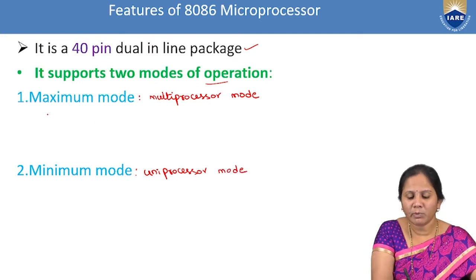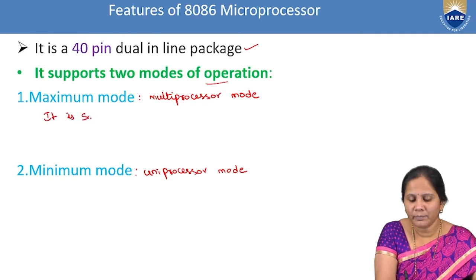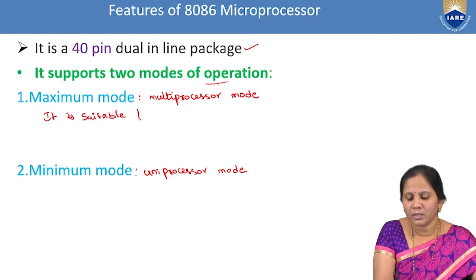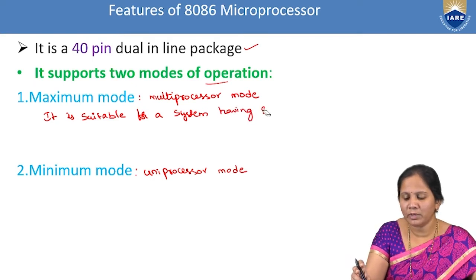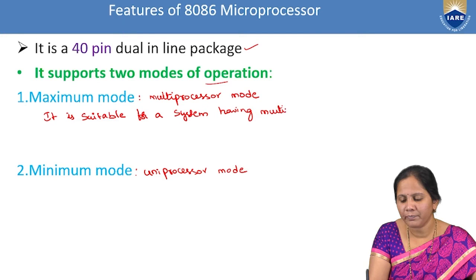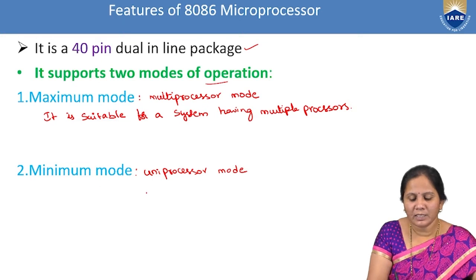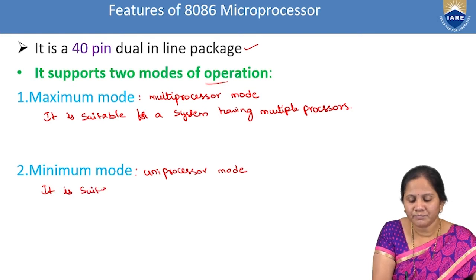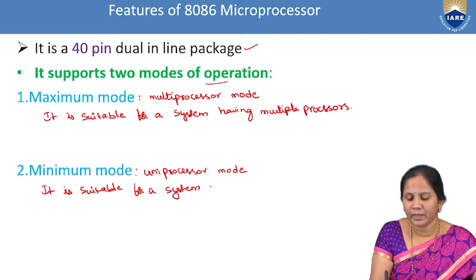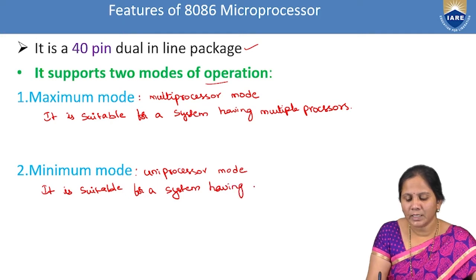The maximum mode is suitable for a system having multiple processors, whereas the minimum mode is suitable for a system having a single processor.